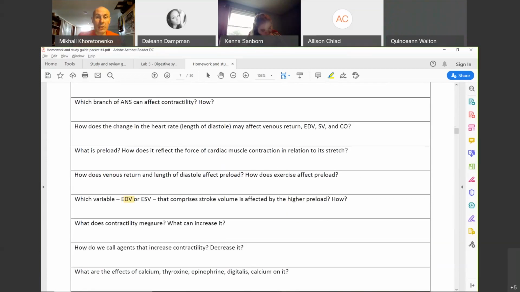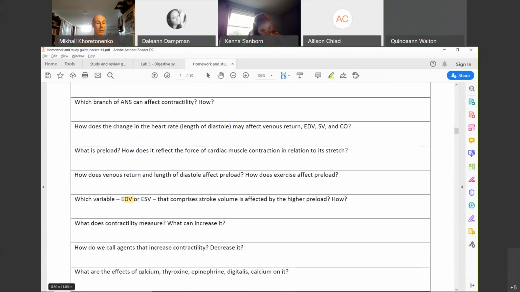Contractility measures the strength of the contraction of the cardiac muscle at a given preload. It can be increased by so-called inotropic agents, agents that increase influx of calcium in the heart, okay? So positive inotropic agents increase contractility, negative inotropic agents decrease it.